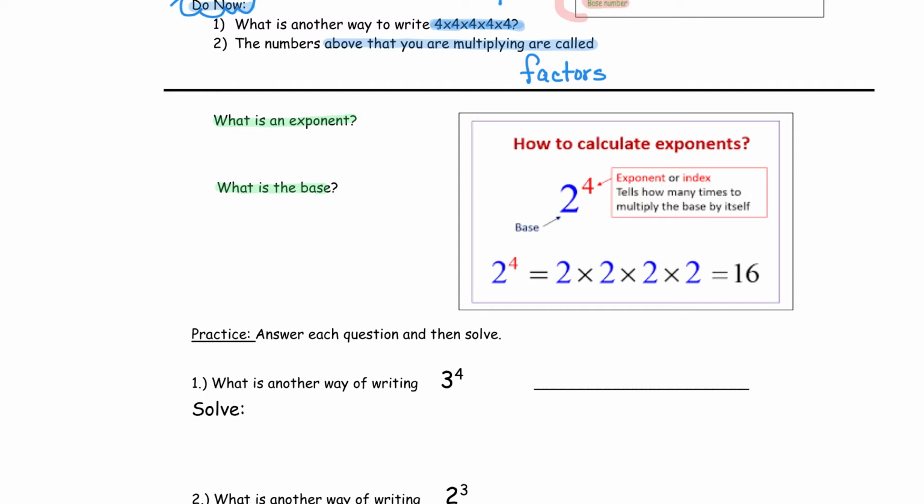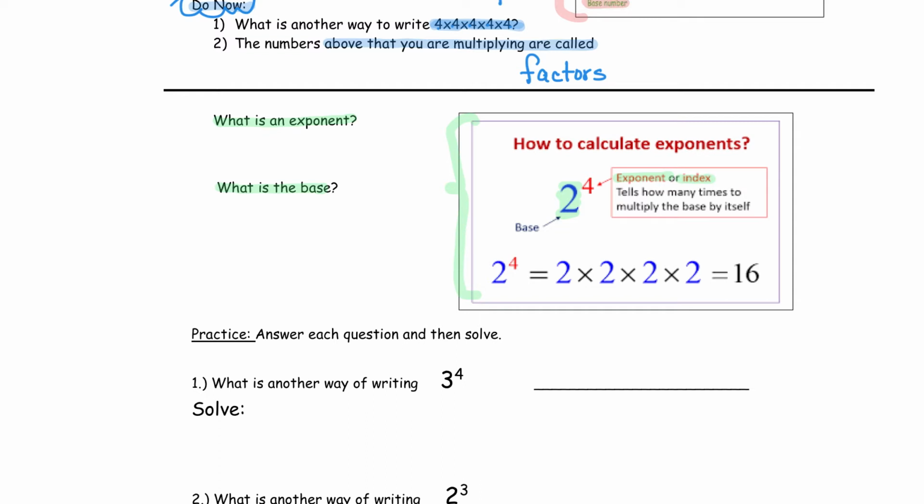Well, again, here we have another diagram, and it says how to calculate exponents. This bottom number, if we just read the diagram, this bottom number here is the base, and the number next to it, that small little number to the upper right, is called the exponent. Or it's also known, believe it or not, as the index.